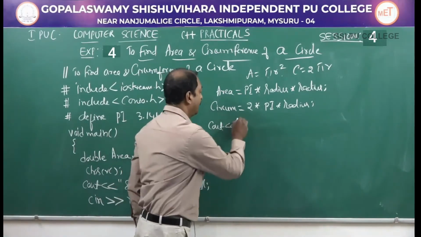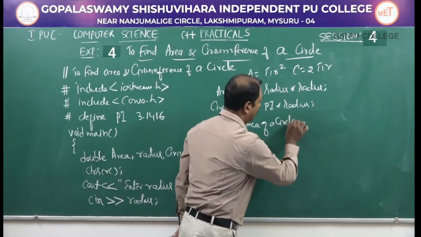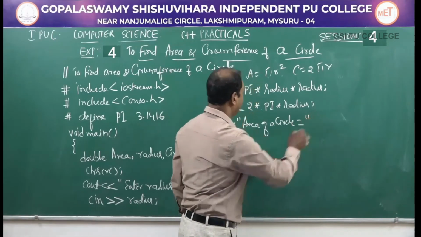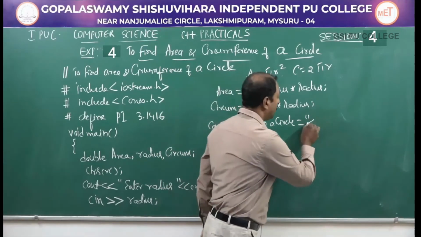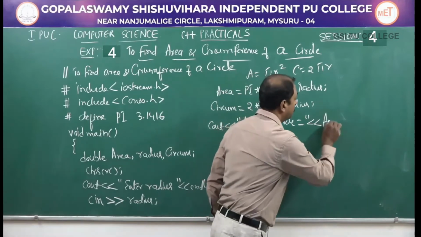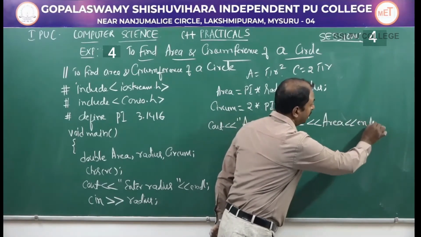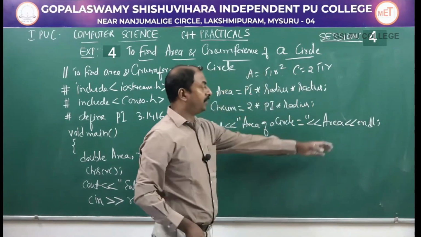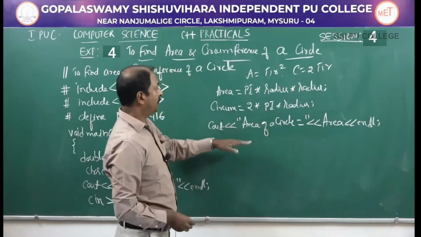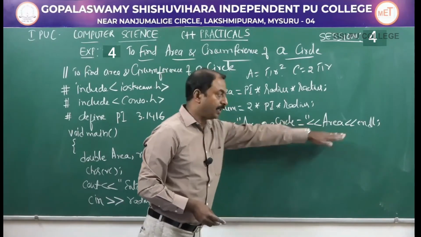I can write cout, area of a circle equals, closing the double quote, and using this operator, the variable is area. I am writing here area, and endl is a manipulator, it takes the control to the next line. So with the help of this statement we are printing the value of area.